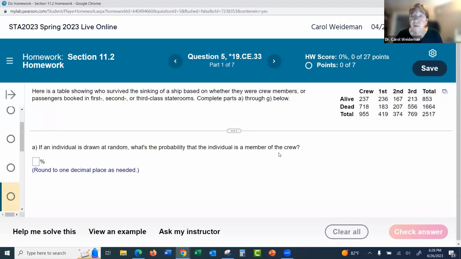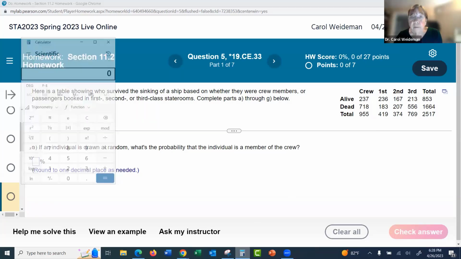So this goes back to your basic probability from chapter 4. What you're going to do here is look at all the crew people in my table, 955, and divide by the total in the table. So let me get my computer calculator up.